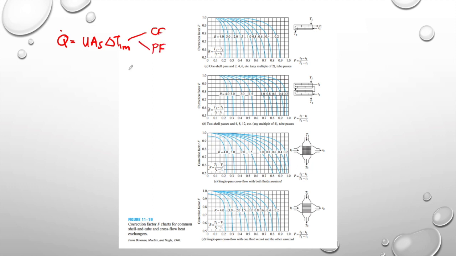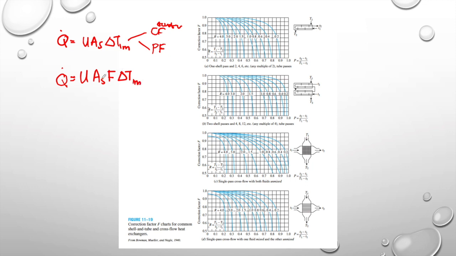So what if we have multipass and cross flow? We have to include the correction factor to this delta T log mean in order for us to correct the value of delta T log mean. Therefore, you will have UA F delta T log mean.